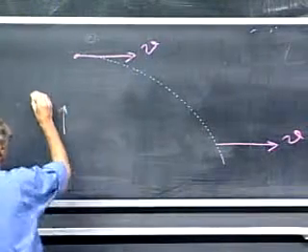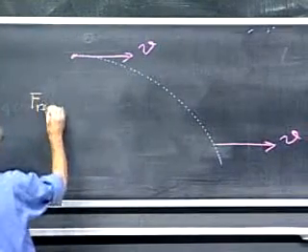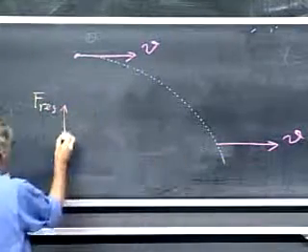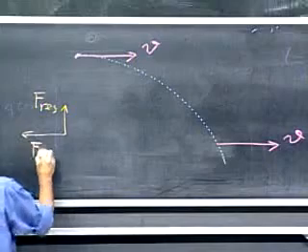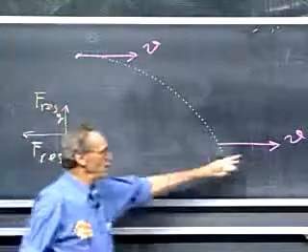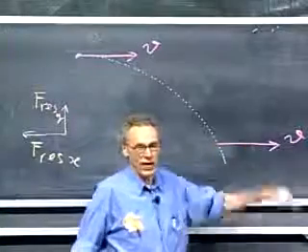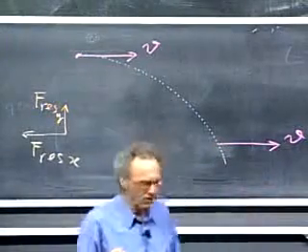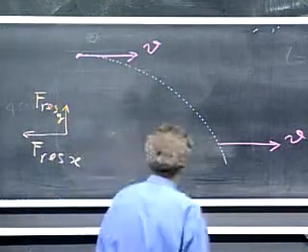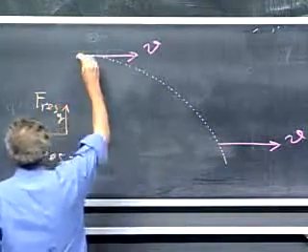So there's going to be a component of the resistive force opposing it. It has a speed in this direction, so there's also going to be a component of the resistive force in this direction. And that will decrease this speed, this component in the x direction. And so you can already see that the curve that you're going to see is a very different one. It's going to look something like this.